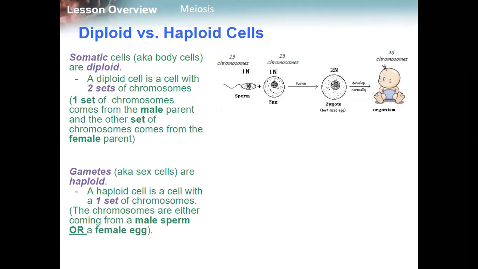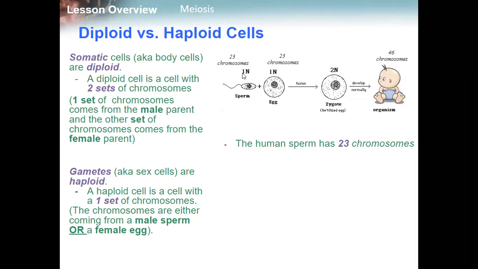Well, how does that look in humans? This is not just in humans, but in other animals and plants. They also have somatic cells and gametes. So let's take a look at this. Humans have 23 chromosomes in their gametes. Here's the sperm. It has only dad's set of chromosomes.